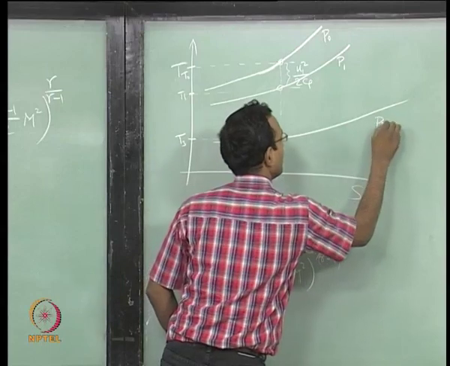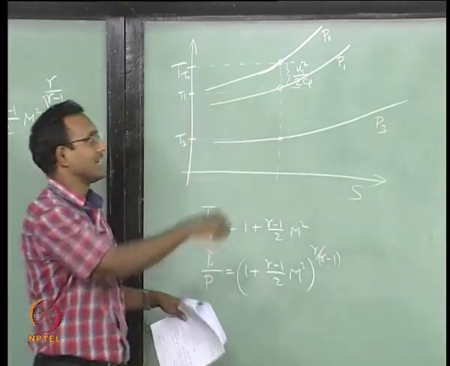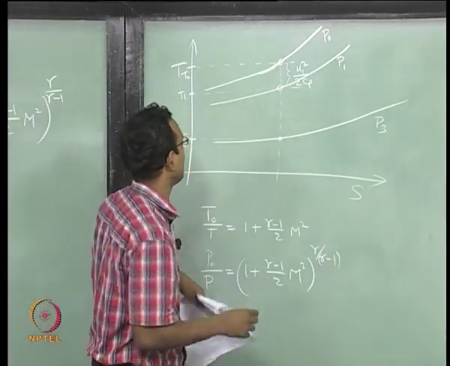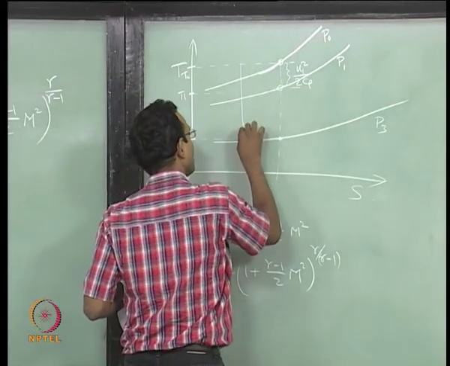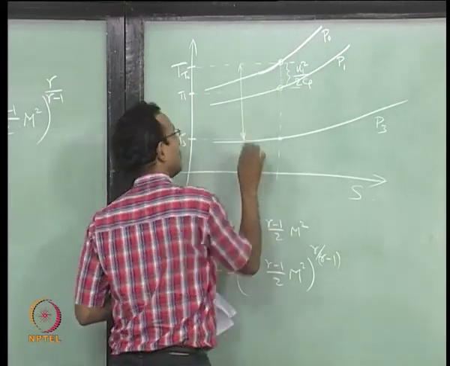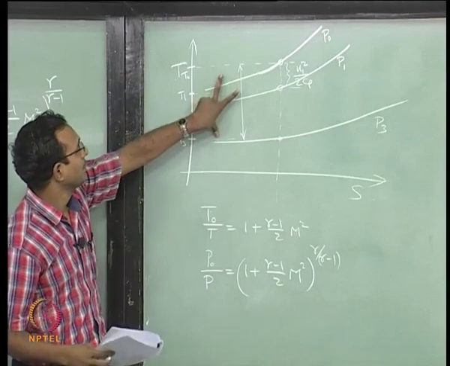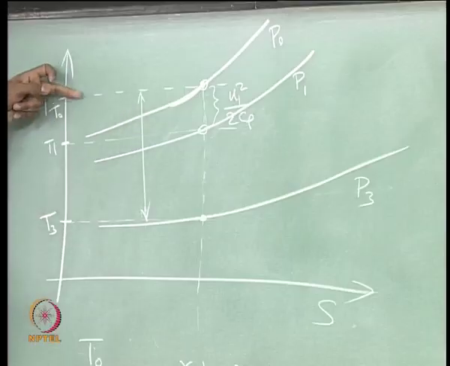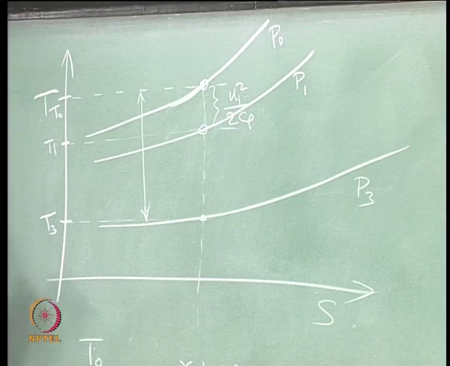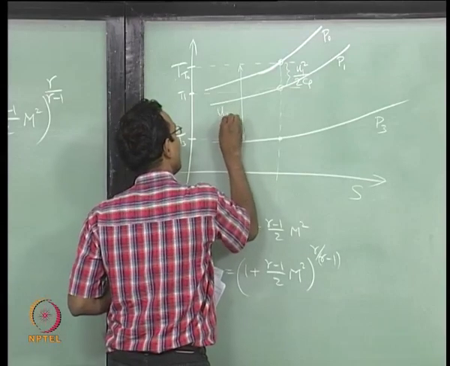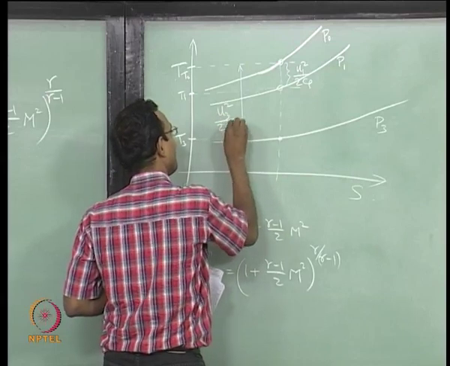This will be my P3. Remember, each of them is an exponential curve of pressures. Now, this whole distance, T0 to T3, what is that gap equal to? U3 square by 2 Cp.